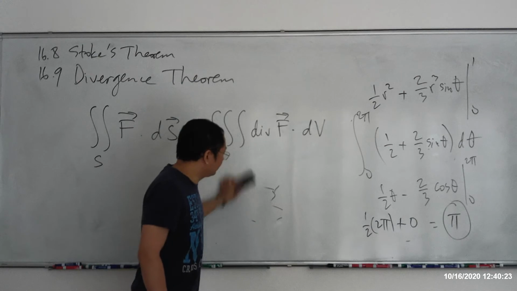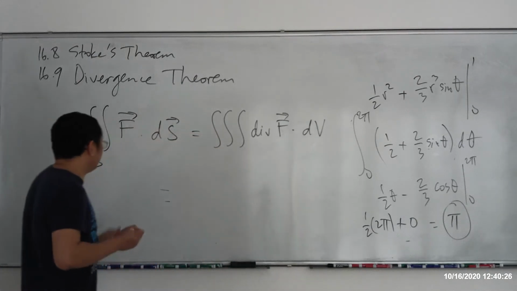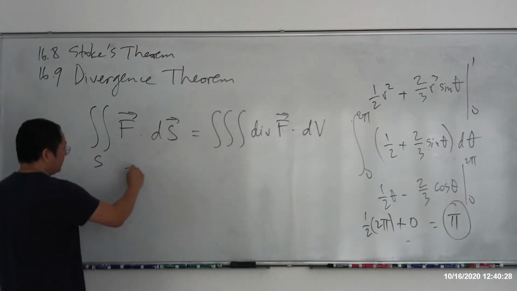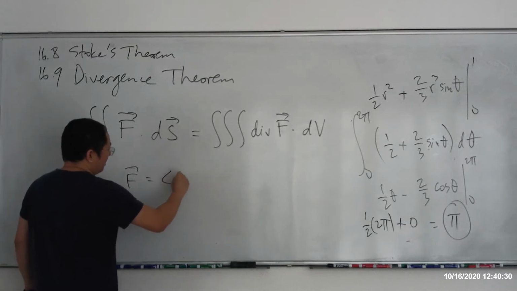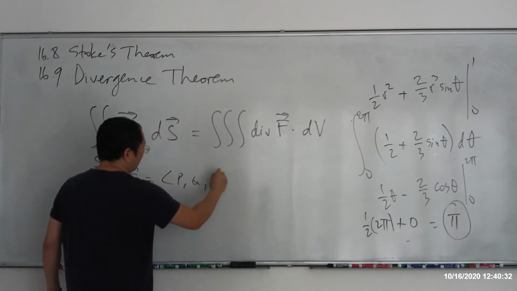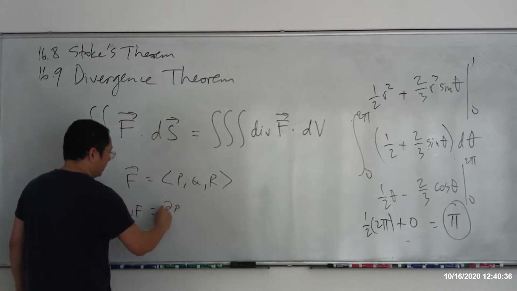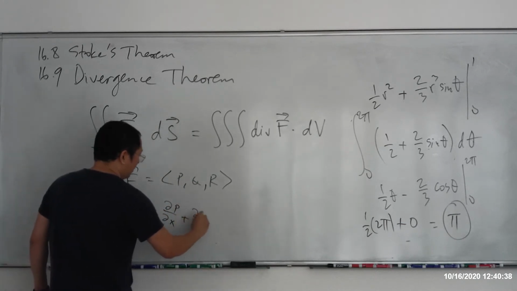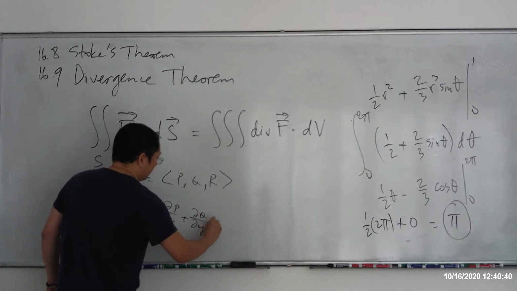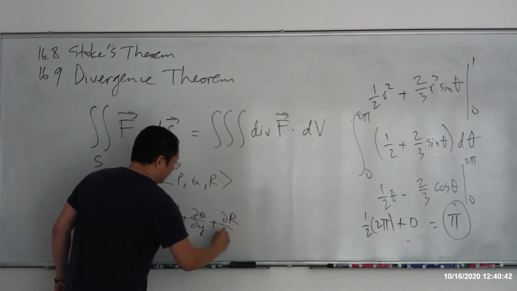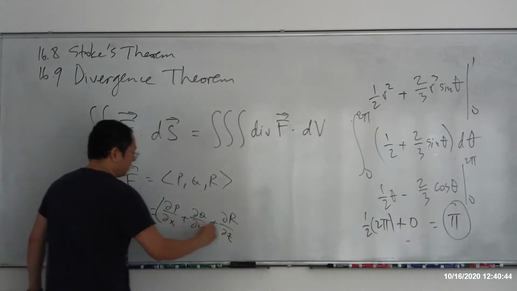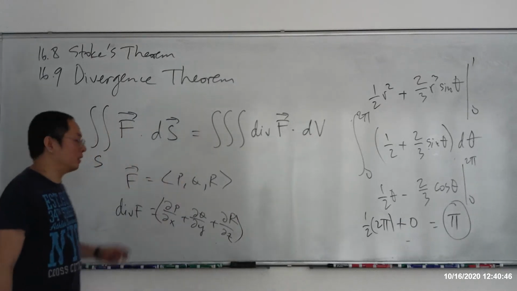Okay, and recall what divergence is. Vector F is say P, Q, R, what we learned before. Then the divergence of F is dP over dx plus dQ over dy plus dR over dz. And believe me, the math on this one is going to be easy.